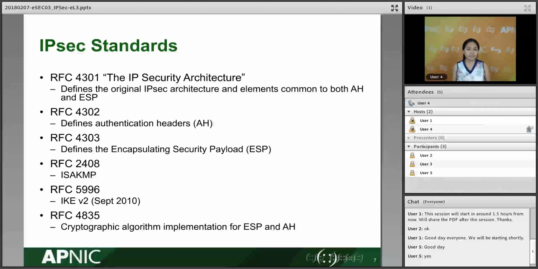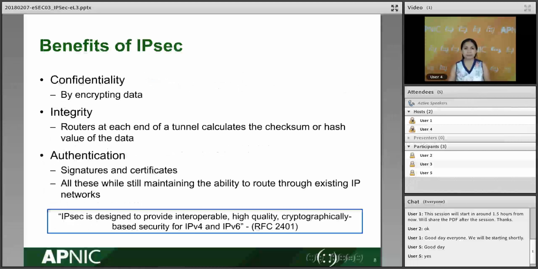There is an RFC that covers each one: RFC 4302 for AH and RFC 4303 for ESP, or Encapsulating Security Payload. ISAKMP is RFC 2408. Now there are two versions of IKE that you will see later on, IKE version 1 and IKE version 2. IKE version 2 is RFC 5996. And the last RFC is a list and explanation of the cryptographic algorithms that can be used and supported by ESP and AH.